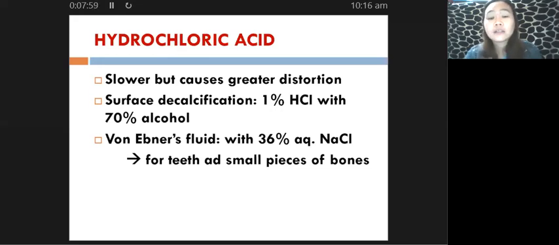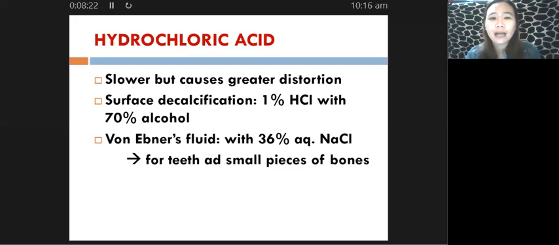Okay? And another peculiar characteristic of your hydrochloric acid is that it is capable of providing good nuclear staining. Okay, so I repeat, it is capable of providing good nuclear staining.